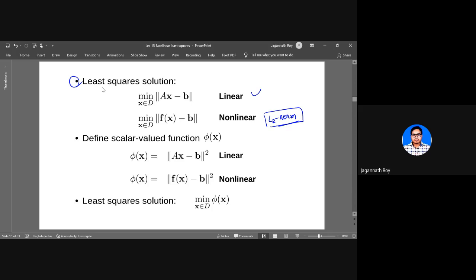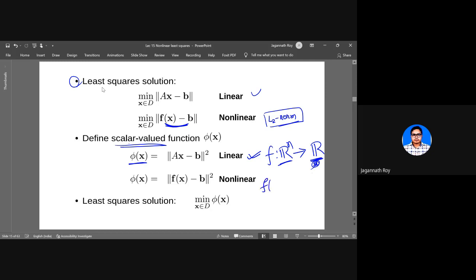So for the linear case, we have seen that we can apply this formula, but we have to make this distance a scalar valued function. Otherwise, we cannot minimize. Scalar valued function means whatever may be the domain, the codomain, that is the range, should be a real valued function, a scalar valued function.